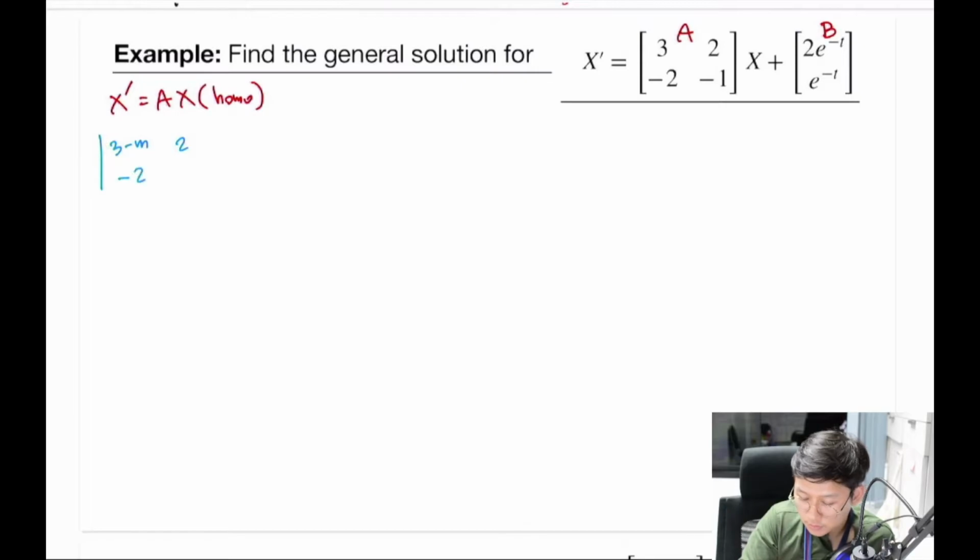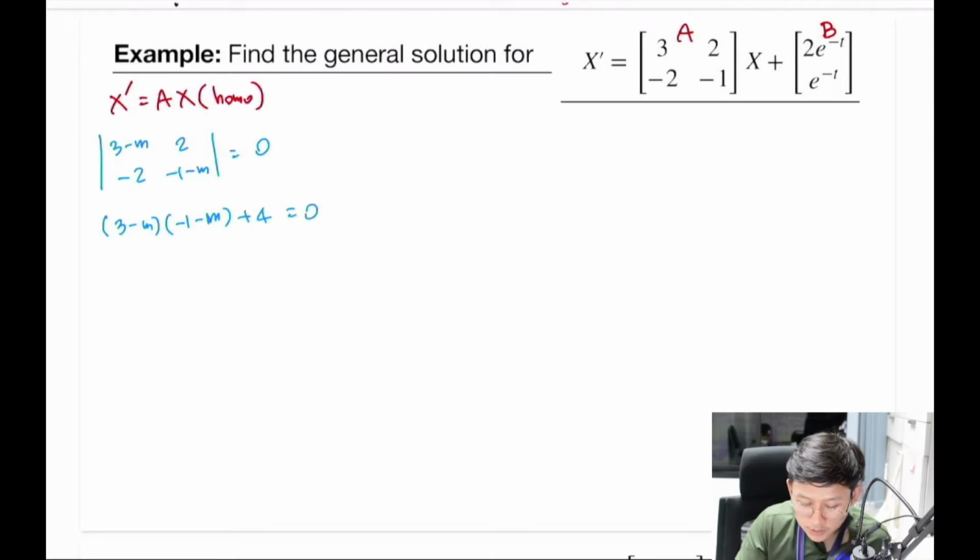So first we look at the characteristic equation. So 2 minus m, minus 2, minus 1 minus m equals 0. So we get 3 minus m, minus 1 minus m plus 4 equals 0. So we get minus 3, plus m minus 3m, that will be minus 2m plus m squared plus 4 equals 0, and that will be m squared minus 2m plus 1 equals 0.